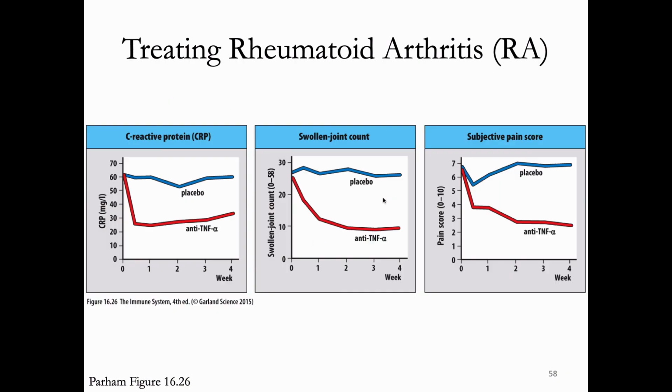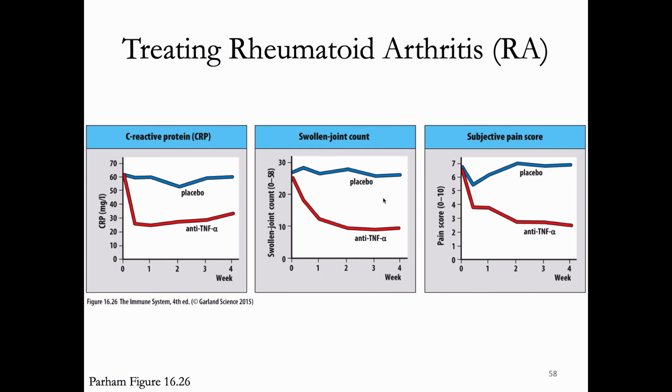So one big picture thing about them is sort of shown here. The anti-TNF drugs were first described and first used for rheumatoid arthritis. And so these data are some rheumatoid arthritis data. You can see that people who were treated with placebo had a whole lot of this protein, C-reactive protein, in their blood. That's a marker of rheumatoid arthritis.